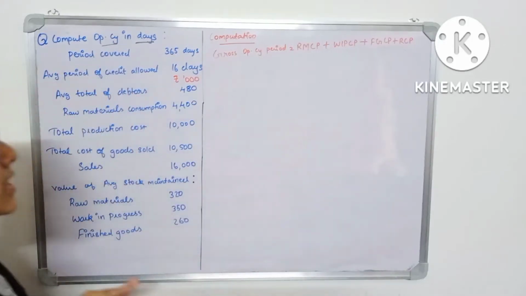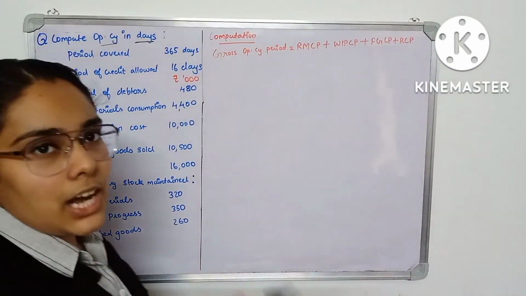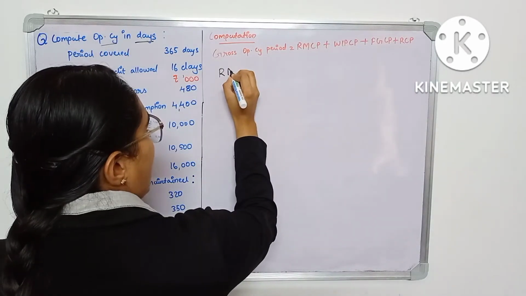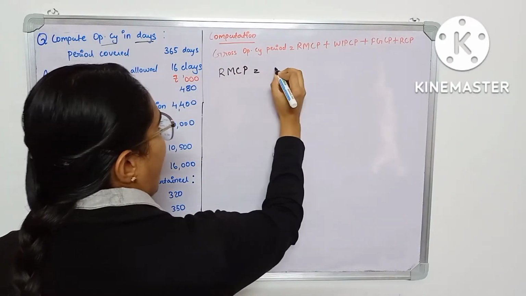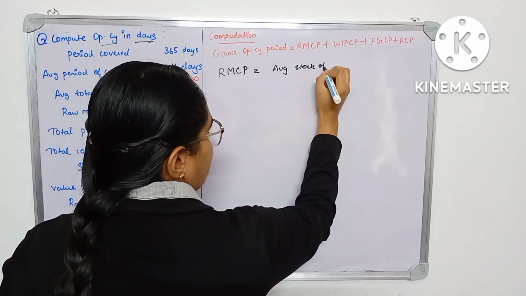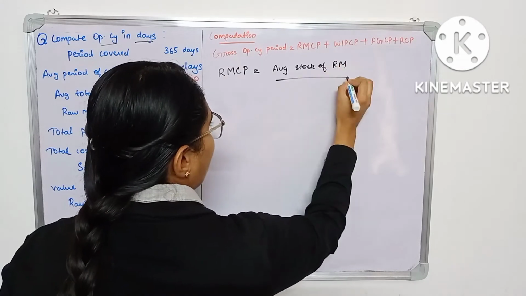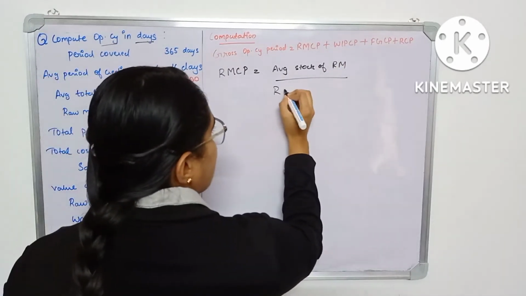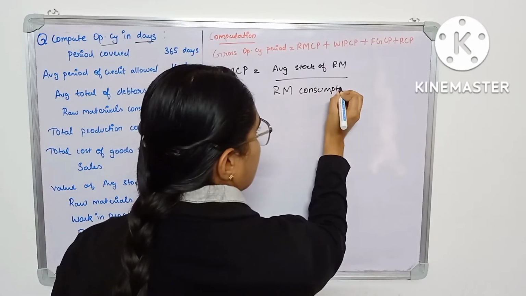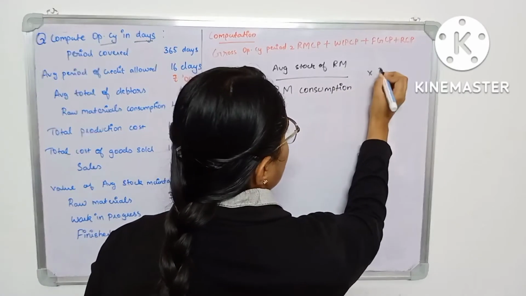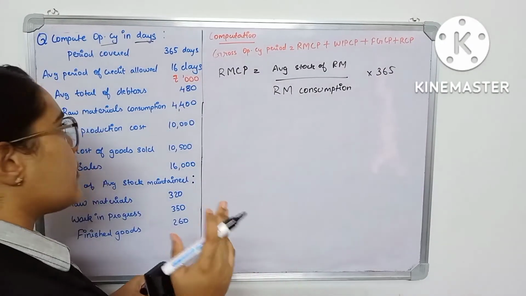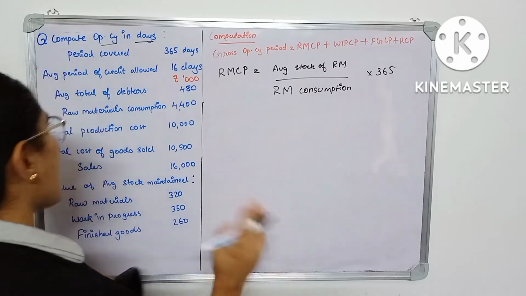Alright, let us start off with raw materials conversion period. RMCP is given by average stock of raw materials divided by raw materials consumption, into 365. This is how you calculate the conversion period of raw materials.